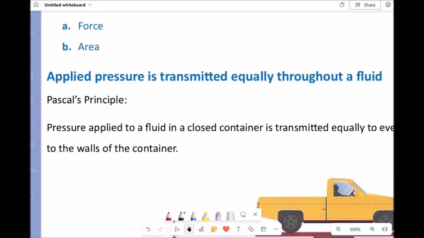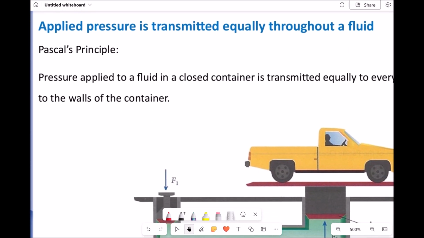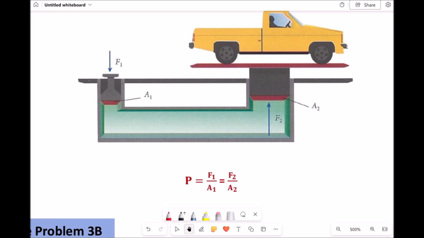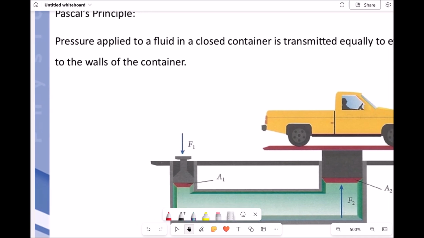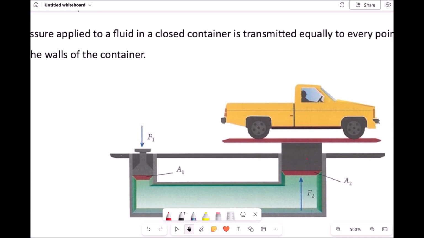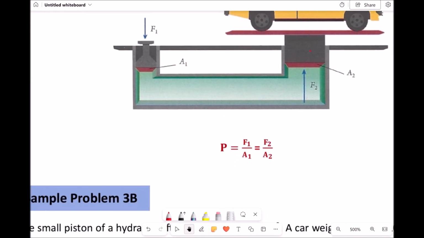We have applied pressure in a fluid. Imagine that you have a balloon filled with water. If you apply pressure on this balloon, you're going to see that the pressure is distributed equally throughout the balloon. We have something called a hydraulic fluid system, which is used to lift cars.